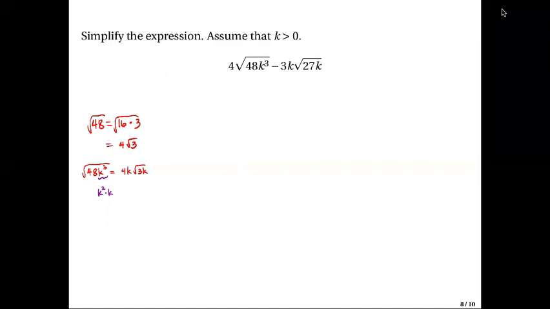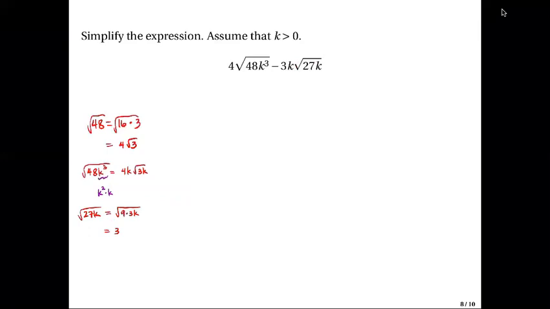And then we have 27k there. You want the square root of this, but 27 is 9 times 3. So 9 times 3 times k, and square root of 9 is 3.